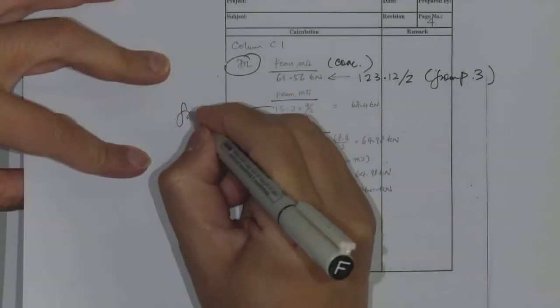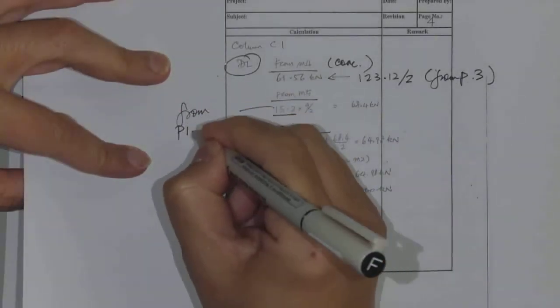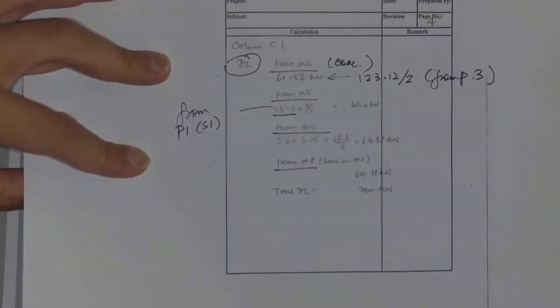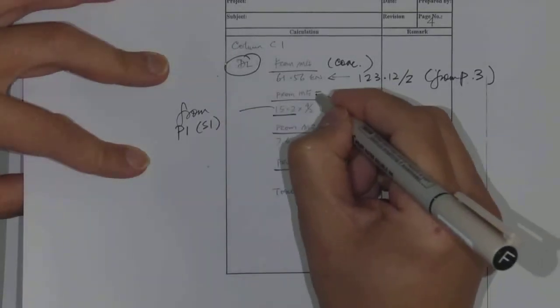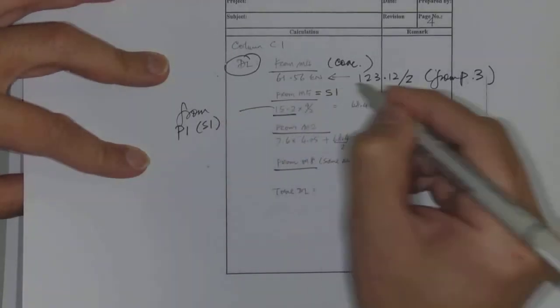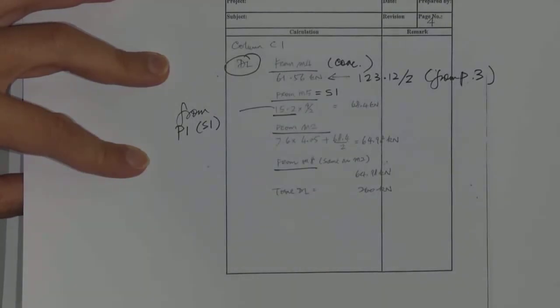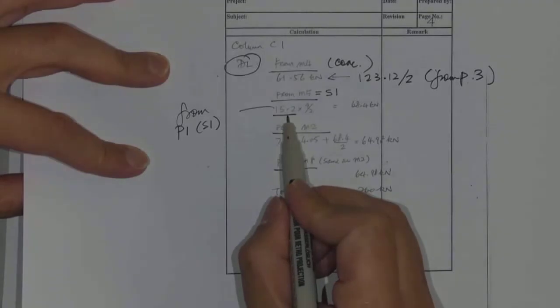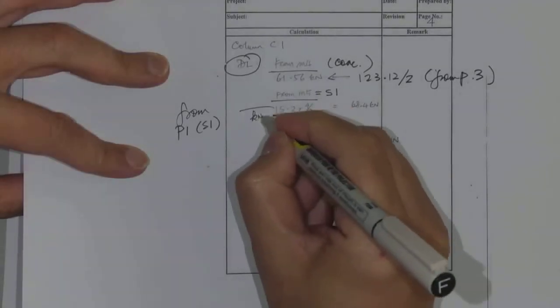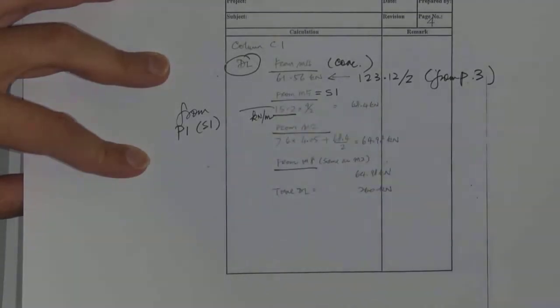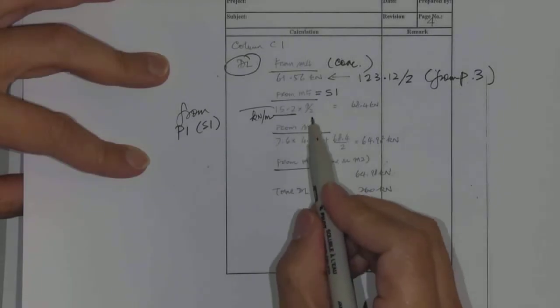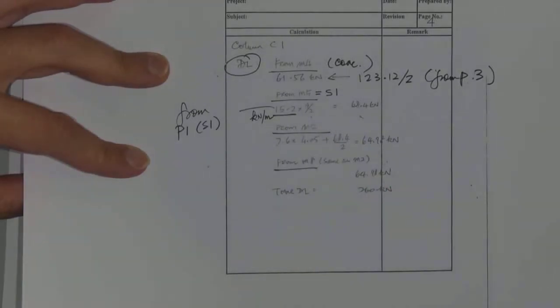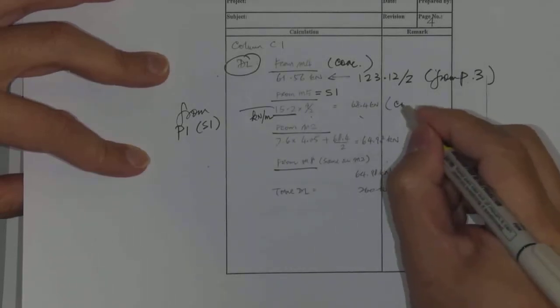This is from page 1. M5, by the way, is the same as S1. Multiply by the length. Remember, this is a distributed load, kilonewton per meter. Multiplied by the length divided by 2. That's it. That's concentrated.